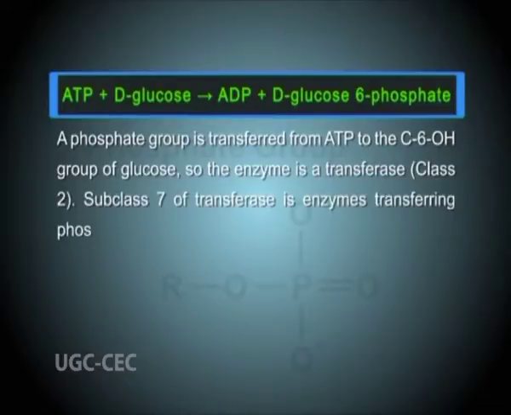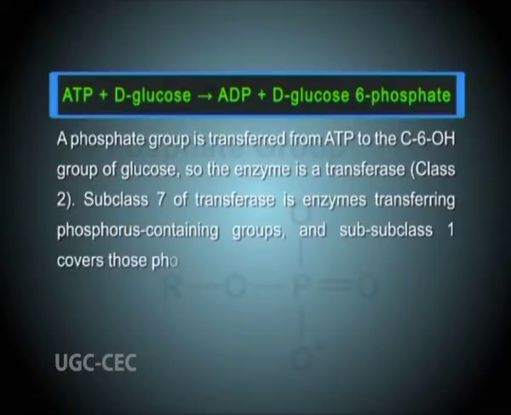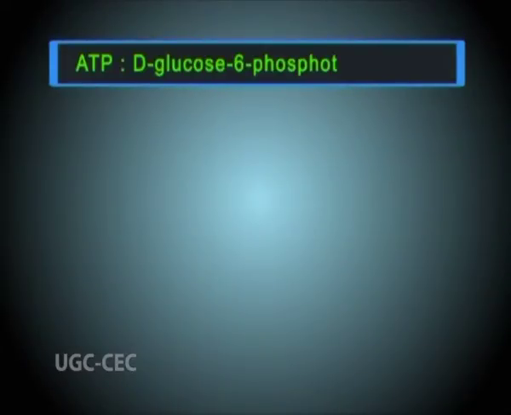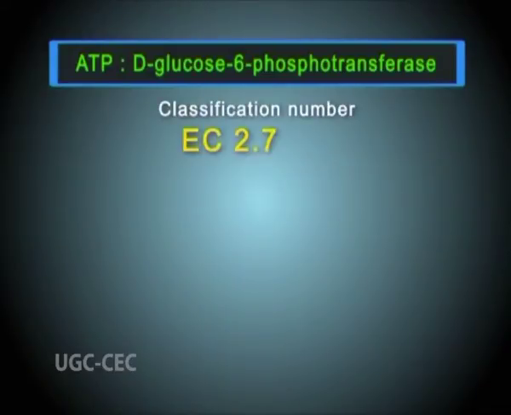Subclass 7 covers transferases, enzymes transferring phosphorus-containing groups, and sub-subclass 1 covers those phosphotransferases with an alcohol group as an acceptor. Entry 2 in this subclass indicates glucose 6, and thus it is ATP:D-glucose 6-phosphotransferase, and its classification number is EC 2.7.1.2.